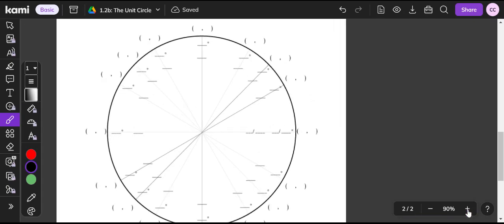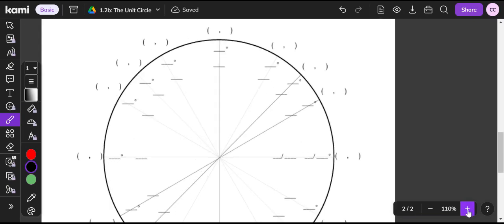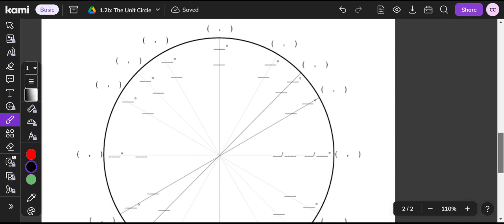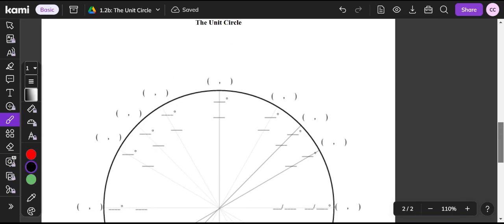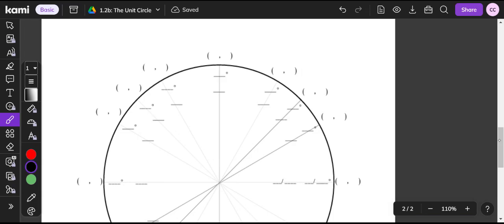So I'm going to focus in on just quadrant 1, this top right wedge of the circle. And I'm going to go ahead and fill in everything I already know. Well, I know that this coordinate right here is 1, 0. I also know that this coordinate right here is 0, 1.